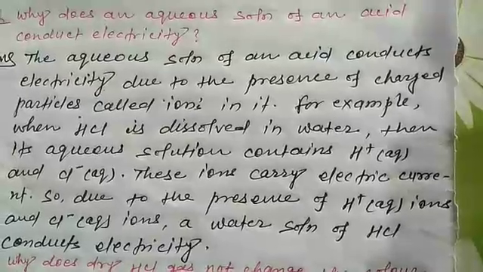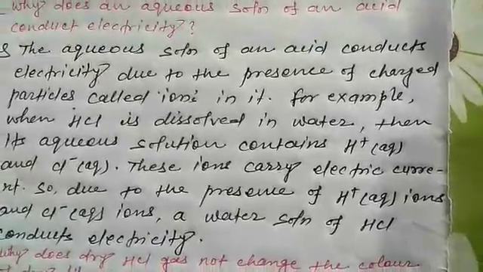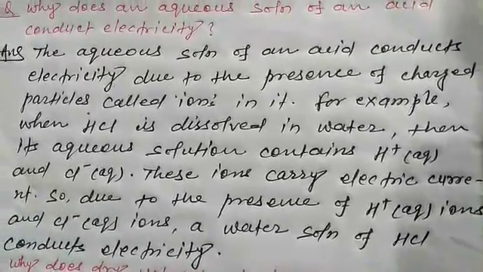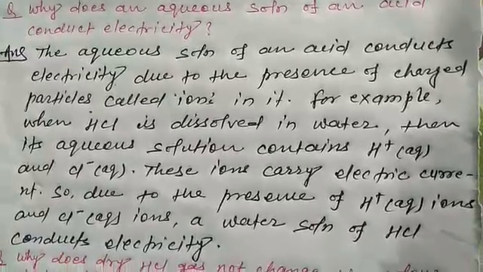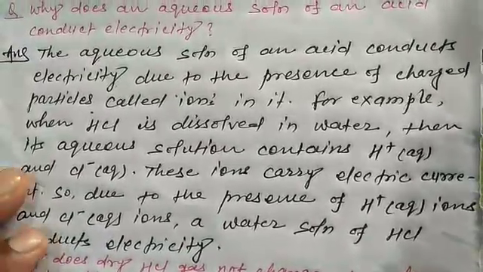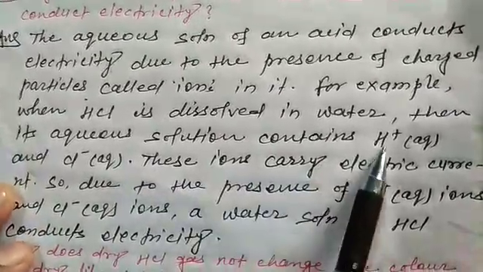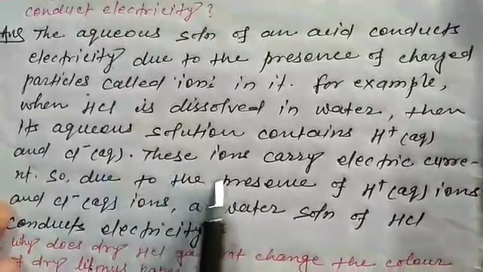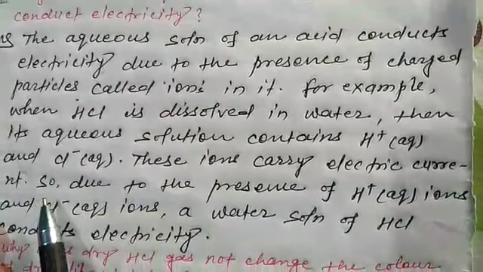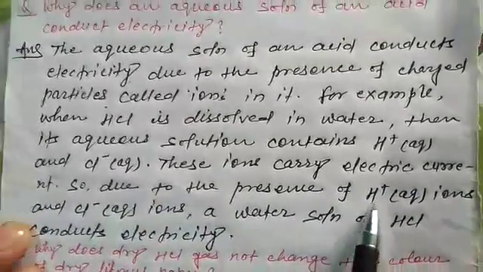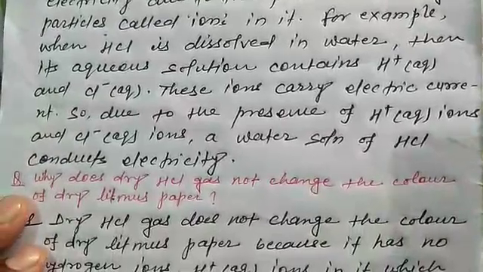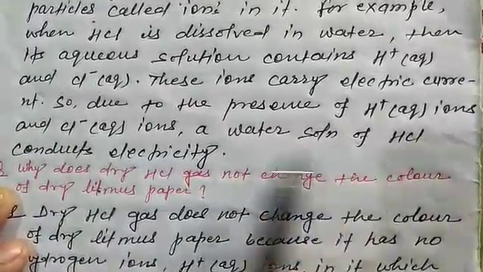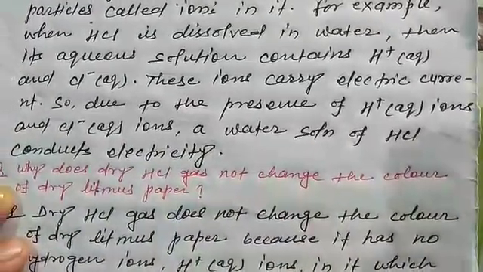For example, when hydrochloric acid is dissolved in water, its aqueous solution contains H plus aqueous and Cl minus aqueous ions. These ions carry electric current, so a water solution of HCl conducts electricity.